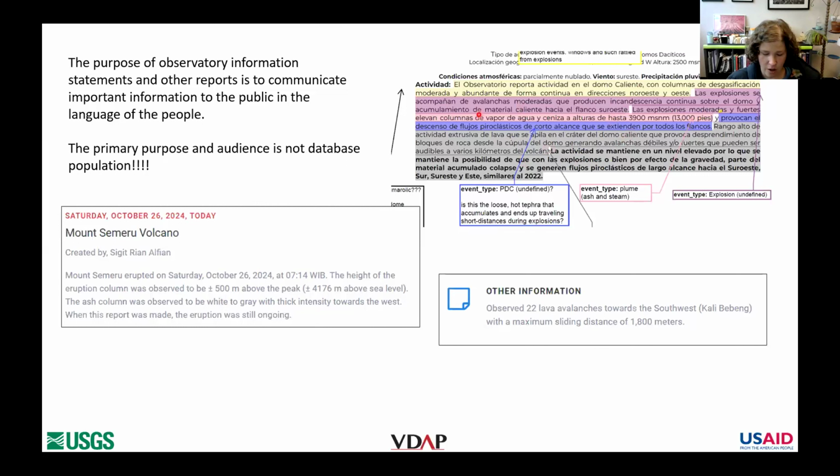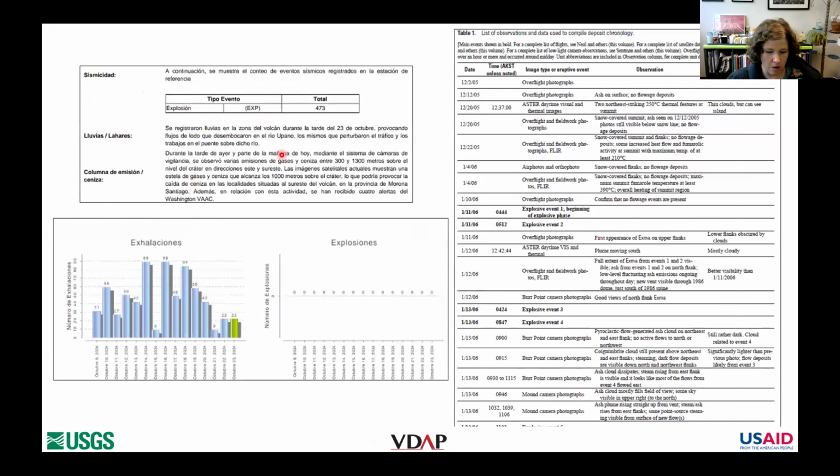This is just to show that a lot of observatory reports are in a narrative format that takes careful parsing with a lot of knowledge of particular translations of types of events that can get completely muddled by any translation services you use. They often have counts and dates of things. And they do often have tables of events or graphs of events that are pretty easily digitizable.